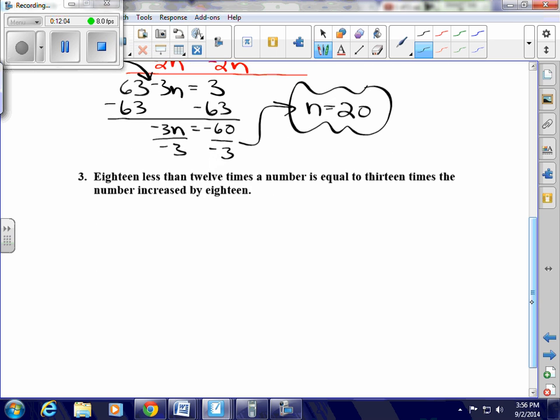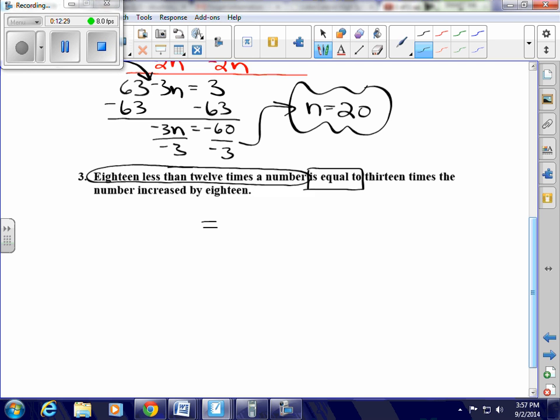And lastly, number 3: 18 less than 12 times the number is equal to 13 times the number increased by 18. 18 less than 12 times a number is equal to, so I want my equal sign. Now I need to take this and write an algebraic expression. 18 less than 12 times a number.